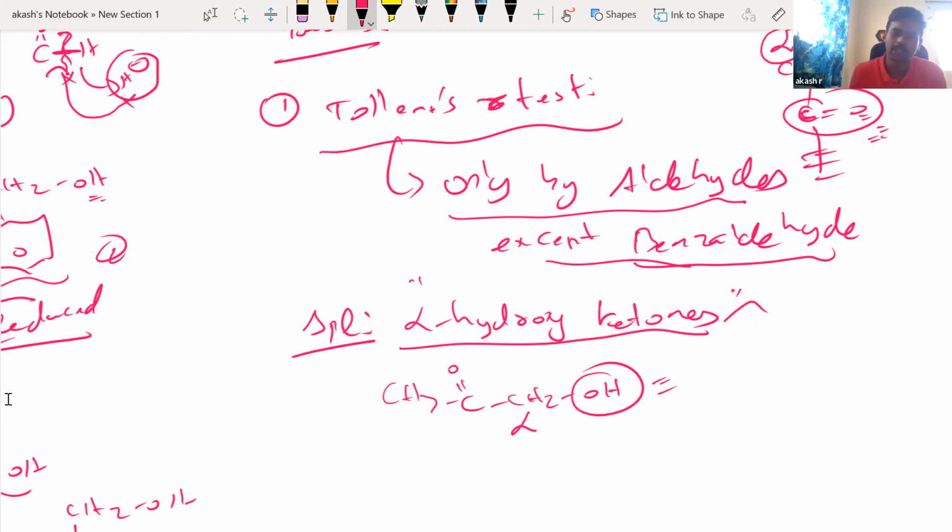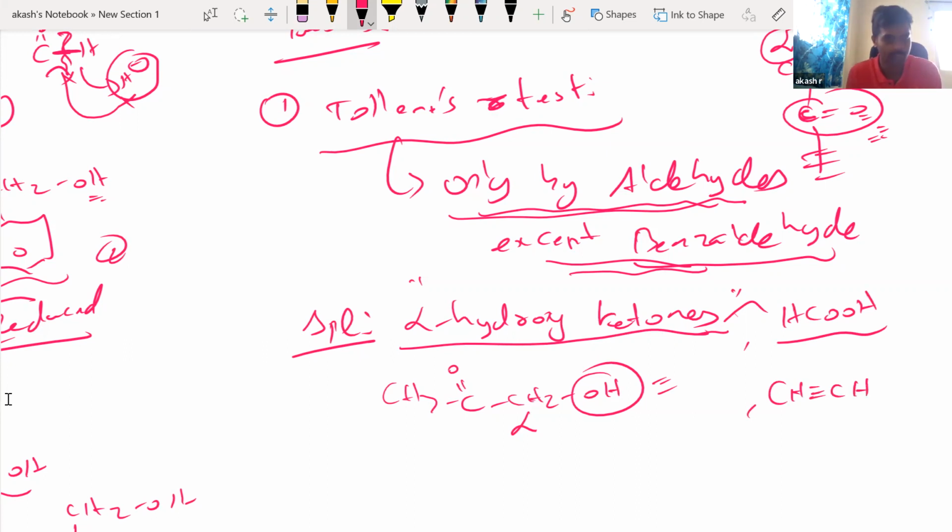But don't worry, questions are not going to be asked from this. All that you have to remember is that the Tollens test is given only by aldehydes except benzaldehyde. Other than that, a very few compounds can also give a positive Tollens test. One of them is formic acid, HCOOH. Another thing which can give is ethyne, CH triple bond CH.